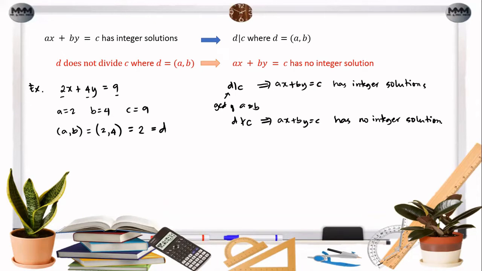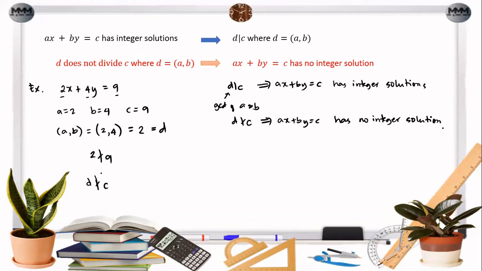So, as simple as that. Here, d is 2, and c is 9. It means 2 does not divide 9. Why?